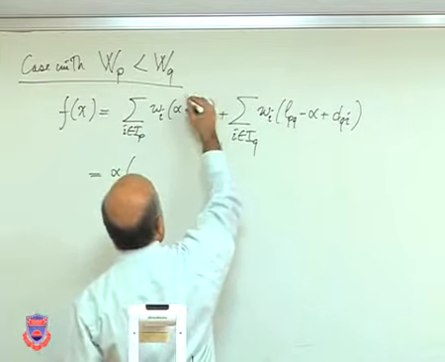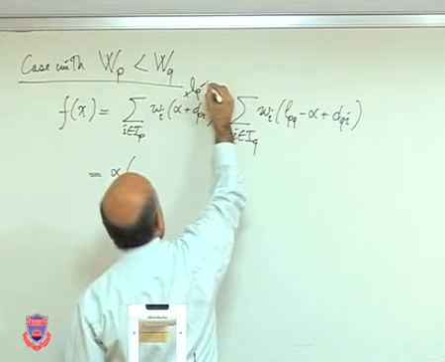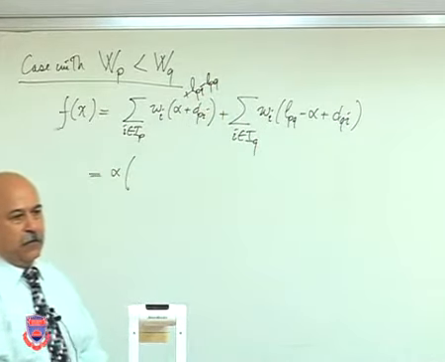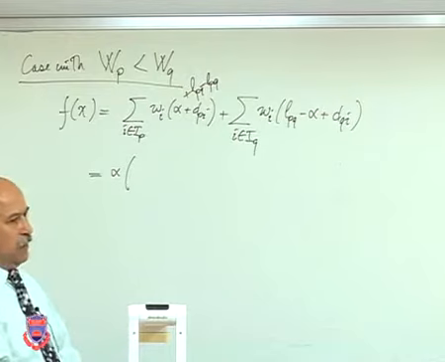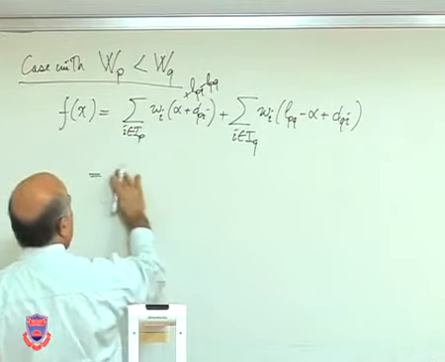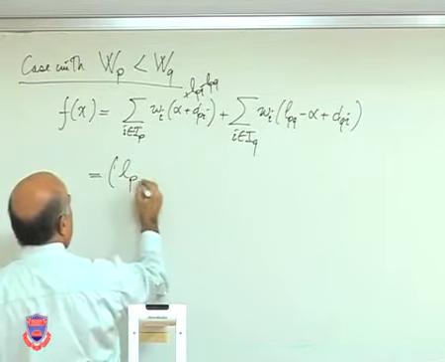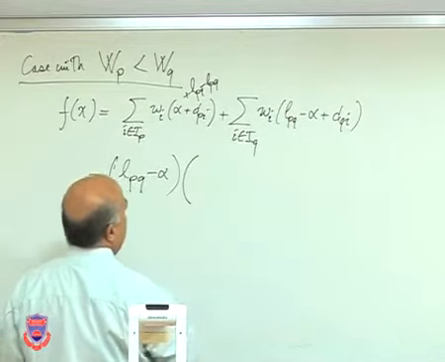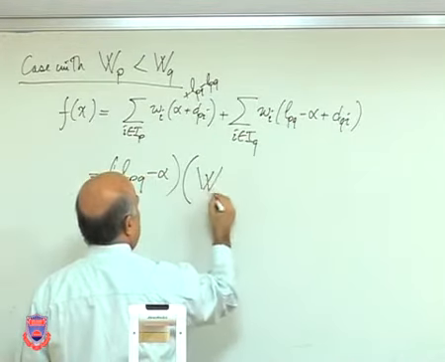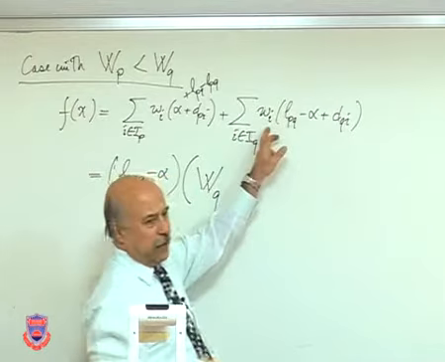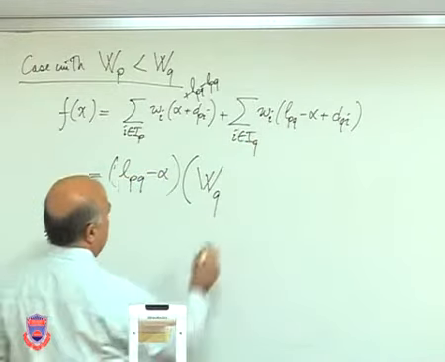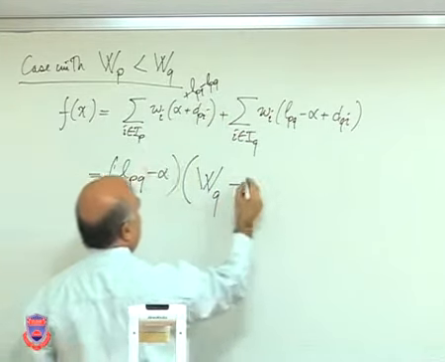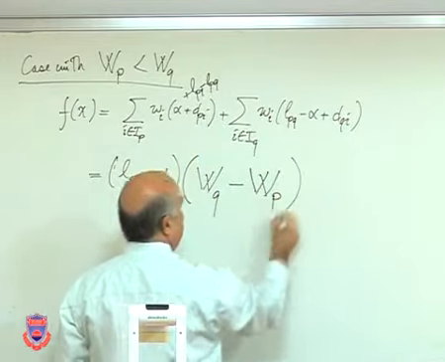Okay, what I want to do is add LPQ, then subtract LPQ inside the parentheses. If you do that, you don't change anything. Okay? So that you can take LPQ minus alpha as a multiplier for the W's. In this case, it will be WQ, because you've got LPQ minus alpha times WIs for that index set. Minus, in this case, you've got minus LPQ plus alpha, so that will take WP.